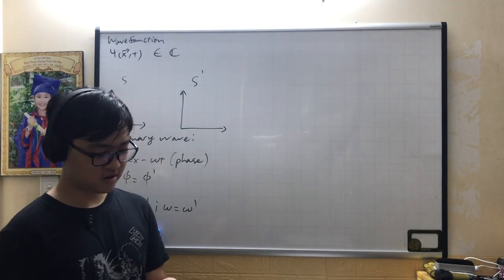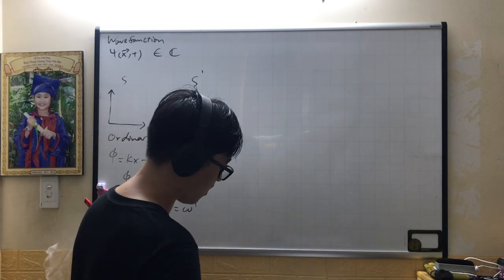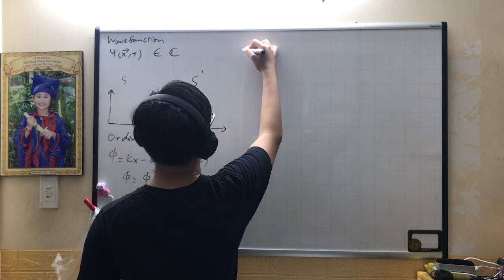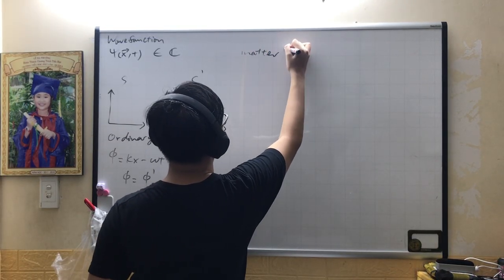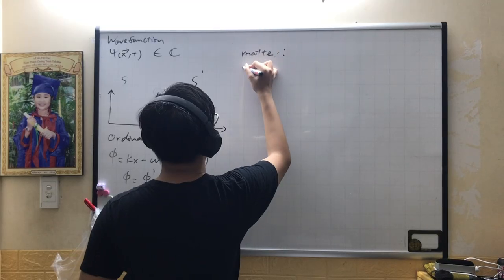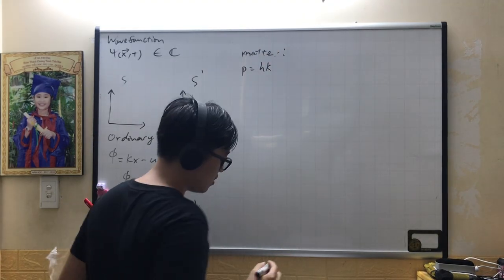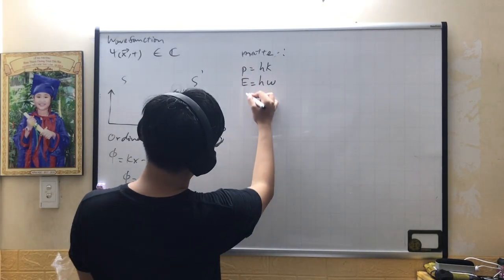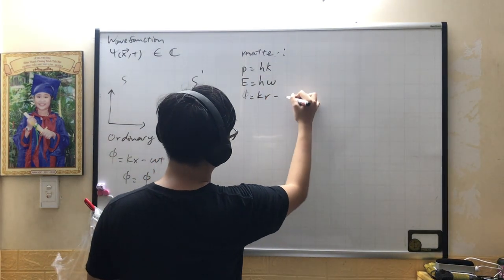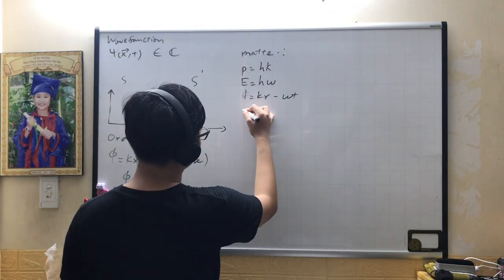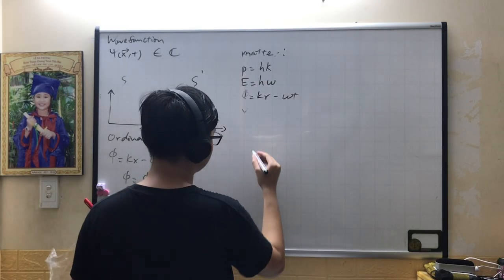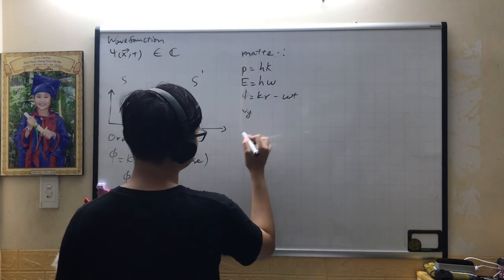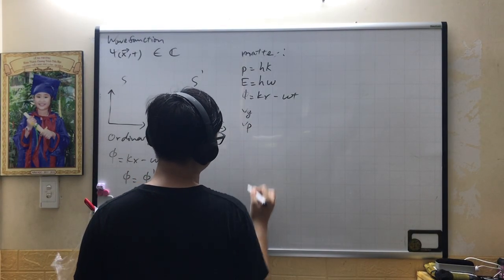So that would be our conclusion for this part, and this would give us then the matter wave would have P equal to h bar k and E equal to h bar omega. The phase would be kx minus omega t, and we would have two different kinds of velocity: the group velocity and the velocity of the phase.